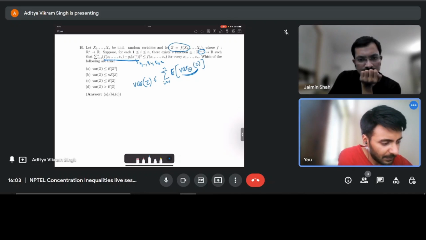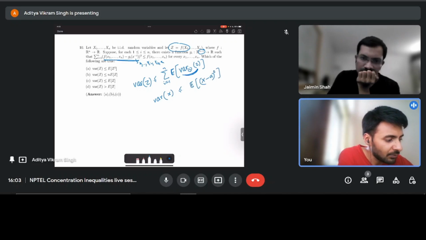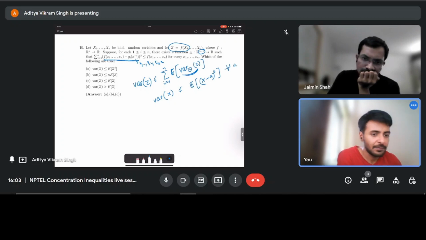So we know that the variance of any random variable X is less than or equal to the expected value of (X minus a) the whole square, and this holds for all a, right?